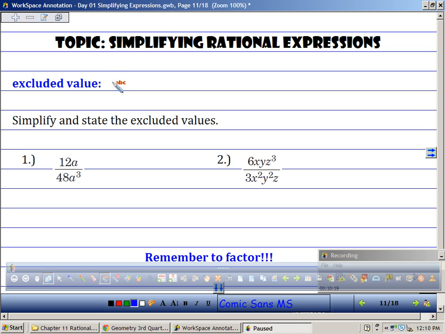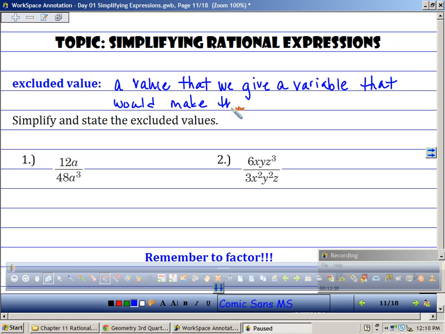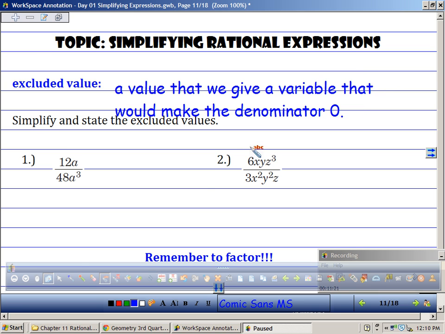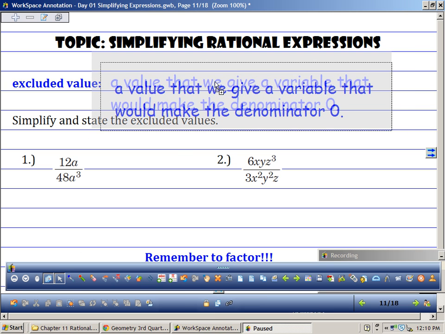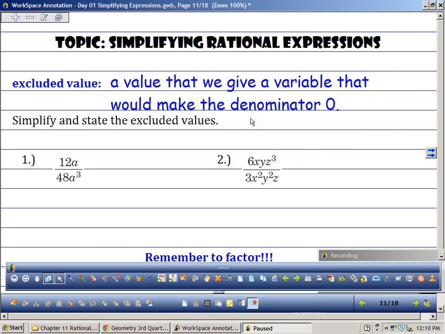How about: a value that we give a variable that would make the denominator zero. That's pretty good, right? We can all understand that, right?